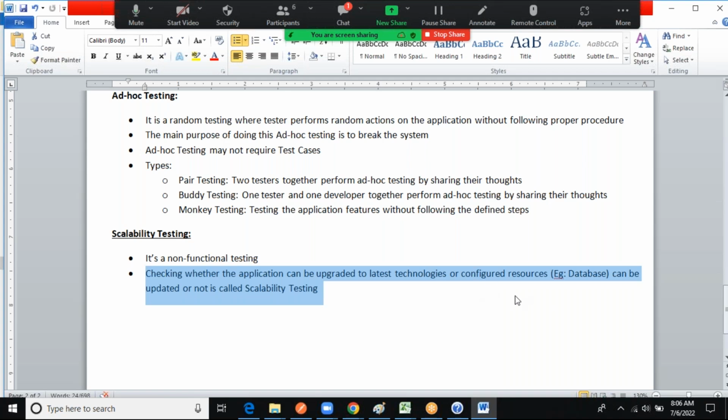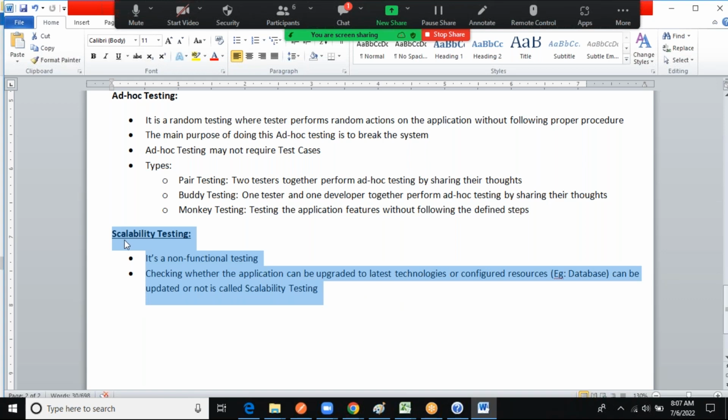When you change the software, the technical team needs to check whether the application can be upgraded to that new software or not. You'll be validating whether it is scalable to the new technologies, because you should not be doing new development again. If it is not compatible with the new database, you need to develop again or put a lot of effort into integrating it.